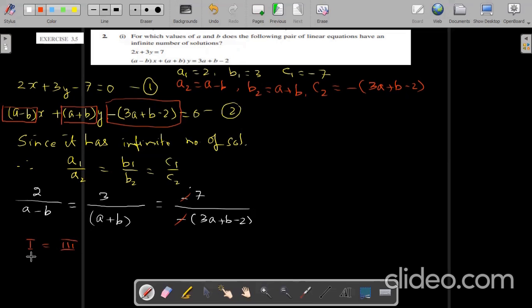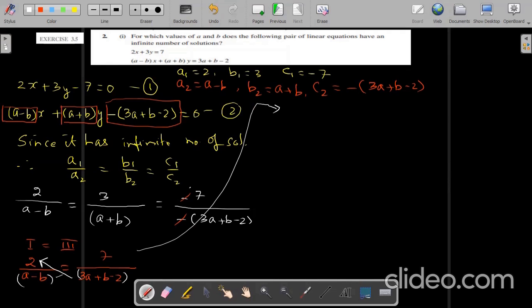That means 2 by a minus b can be equated to 7 by 3a plus b minus 2, and we solve to get an equation in a and b. So cross multiply: 2 will multiply with all the terms, and a minus b will multiply with 7.